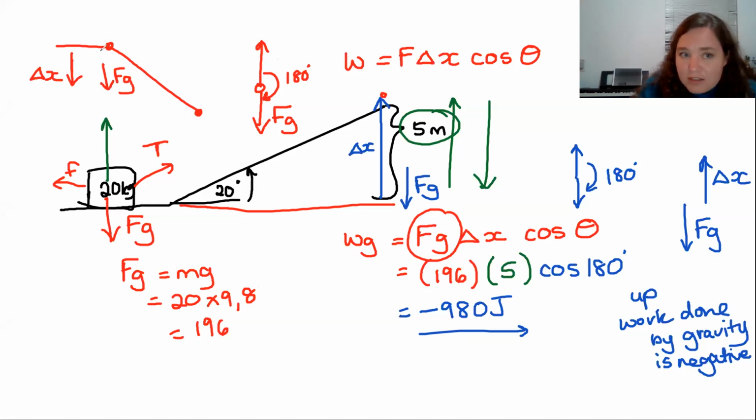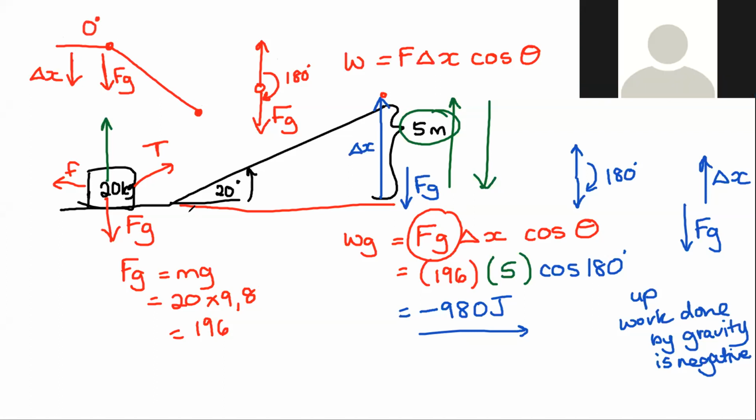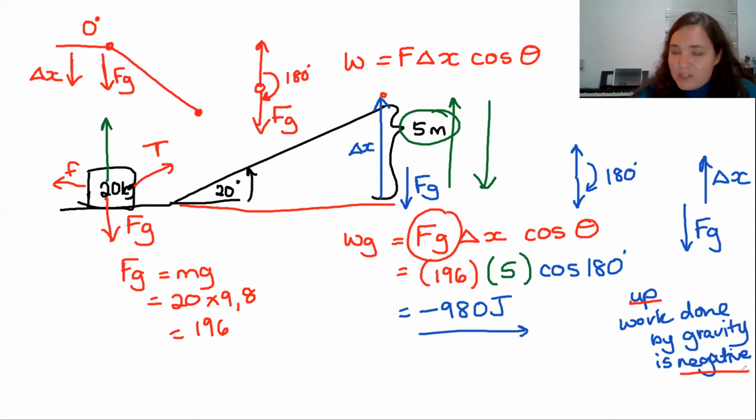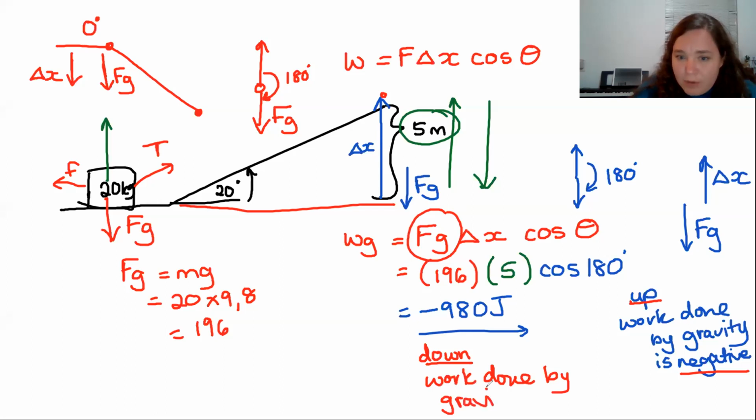If they're both in the same direction, then we say that the angle is 0 degrees. So our rule is that if an object moves up, the work done by gravity is always negative. And if an object moves down, the work done by gravity is always positive.